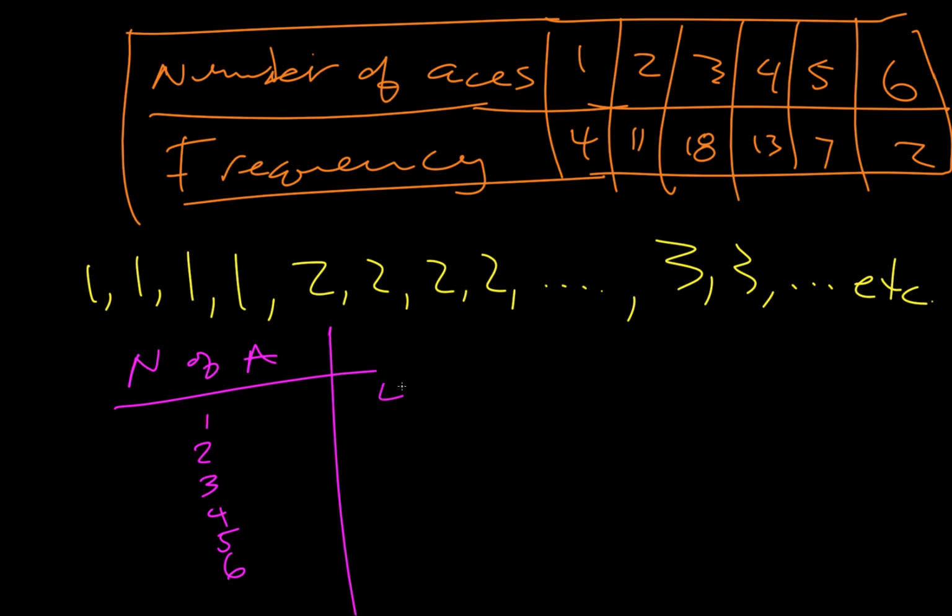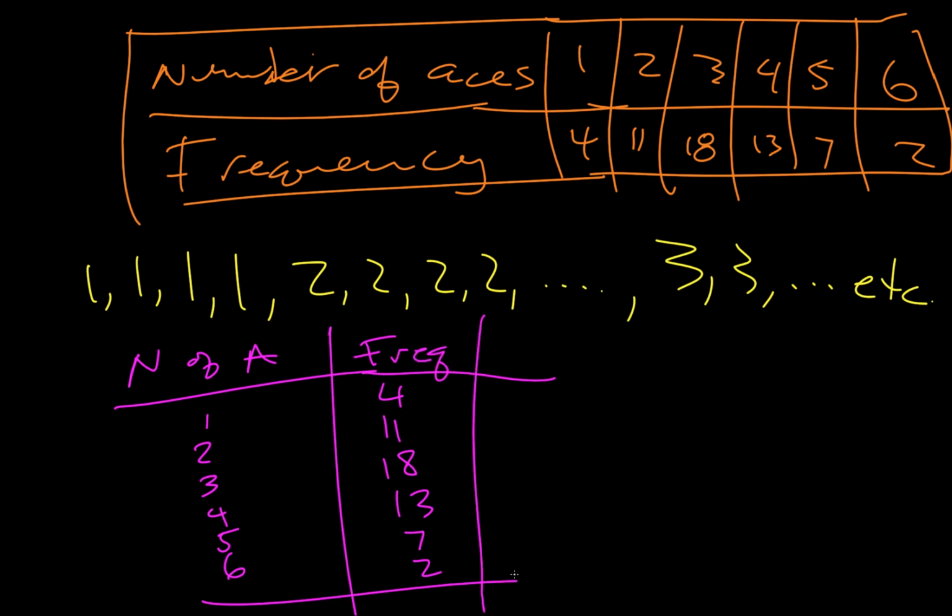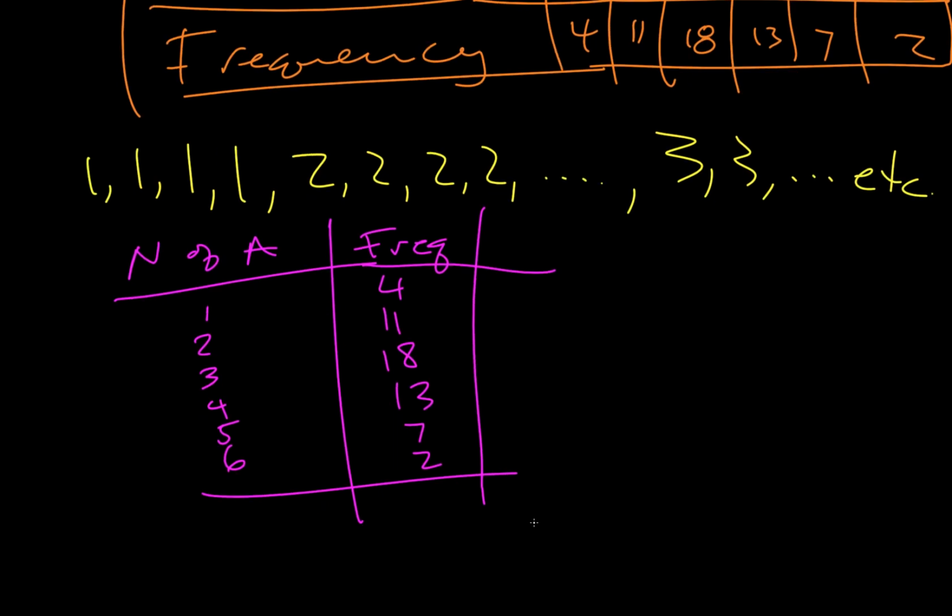So we're going to say 4, 11, 18, 13, 7, 2. Okay, we got frequency. And then from here we can do a number of things. Total helps, definitely. So if we were to add all these numbers right here, we'd end up with 55.